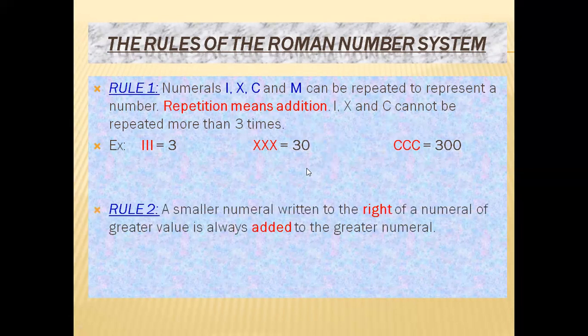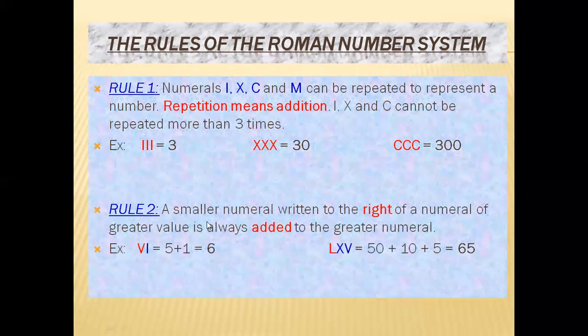And then rule 2. A smaller numeral written to the right of a numeral of a greater value is always added to the greater numeral. See here, example: V is a greater numeral because it represents 5, and I is a smaller numeral, it represents 1.